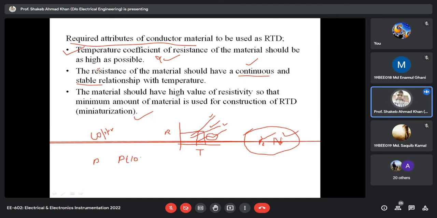PT 100 is a commercial name of a platinum RTD probe. PT 100 means at 0 degrees Celsius, the probe resistance is 100 ohm. That's why it is called PT 100. And when the temperature varies, accordingly the resistance will vary.